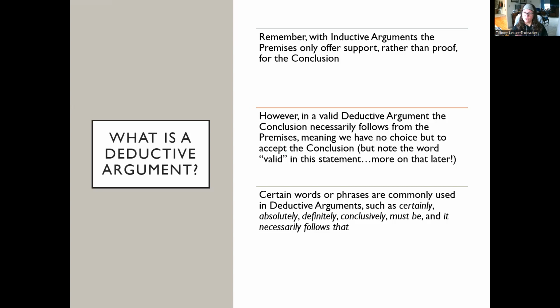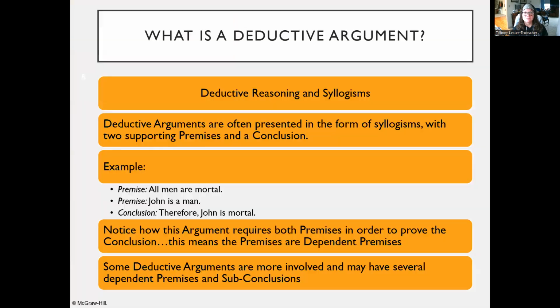And again, these words aren't only used for deductive arguments, but they show up a lot with deductive arguments. All right. So one of the hallmarks of deductive reasoning is something that we call a syllogism. So deductive arguments are often presented in the form of syllogism, where there are two supporting premises and a conclusion.